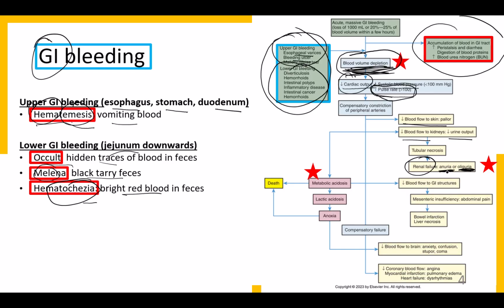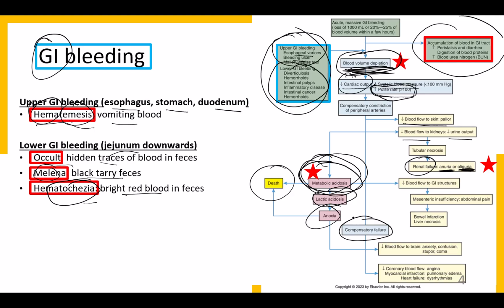With the decrease in cardiac output, what happens is you can end up with metabolic acidosis. And as you can see here, if it's again severe enough and sustained enough, it could lead to death. And because it's metabolic acidosis, it could then cause lactic acidosis, which ends up with anoxia. Now, some of these compensatory mechanisms we've actually covered when we talked about cardiovascular disorders.